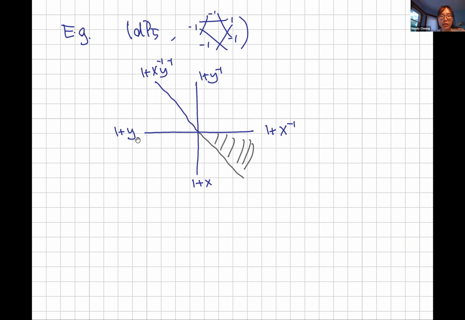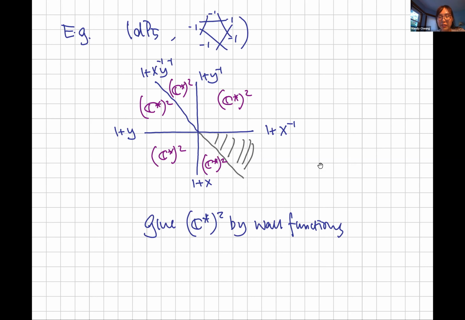Oh, sorry, this is X but not Y. Oh, I flipped X and Y. Anyway, here you can see I don't have the inverse here. This is like moving the singularity from infinity to the origin, because in the cluster world, this one line will associate to one function here.